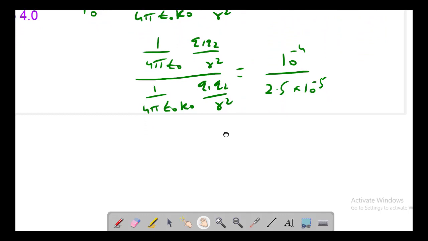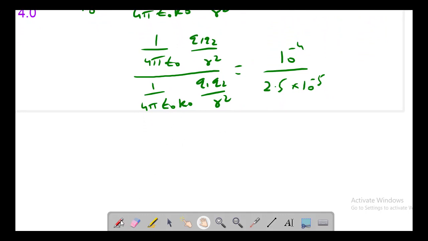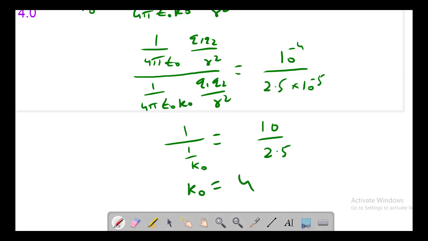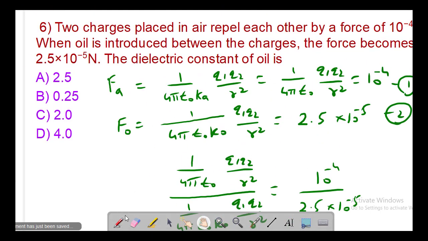On the left hand side there are many things which are common in the numerator and denominator. They will get cancelled out, and we are left with 1 upon KO. Here 10 to minus 5 will go up, so 10 to minus 4 plus 5 is 10 raised to plus 1, and this is divided by 2.5. So on the left hand side we have KO, 10 divided by 2.5 is 4. So the answer in this case is 4.